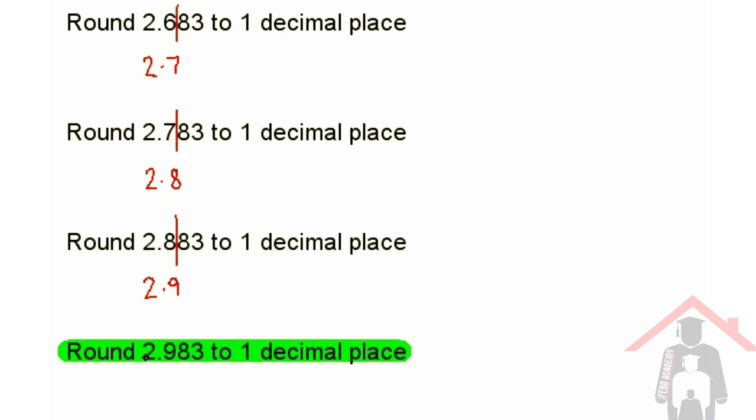So 2.983 to 1 decimal place must be 2.7, 2.8, 2.9, 3.0. We have to include the 0.0 so that people know that it's been rounded accurately to 1 decimal place. If we write just 3, people would think it was accurate to the nearest whole number.